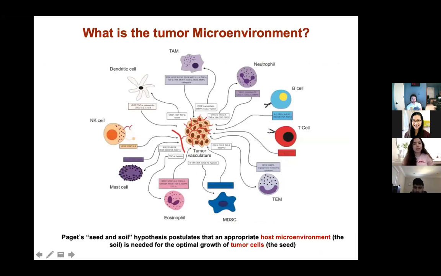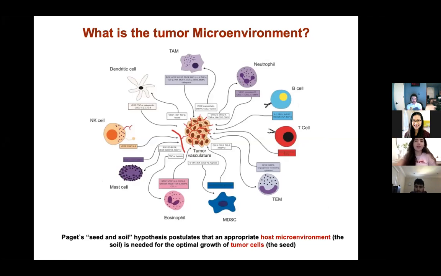If we take a look, we'll see the very complex overall structure of the tumor microenvironment. It has a lot of different immune cells, such as natural killer cells, dendritic cells, neutrophils, B and T cells. It has some other cells, such as mast cells and eosinophils, that we will go over throughout this presentation.